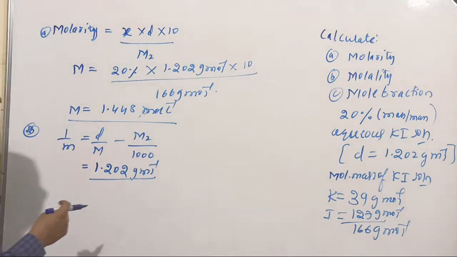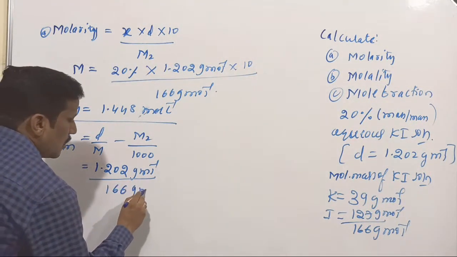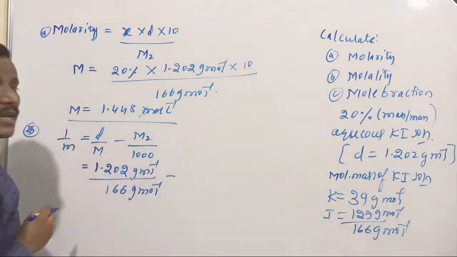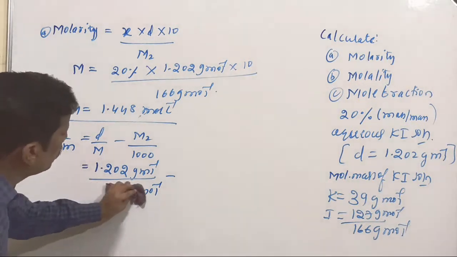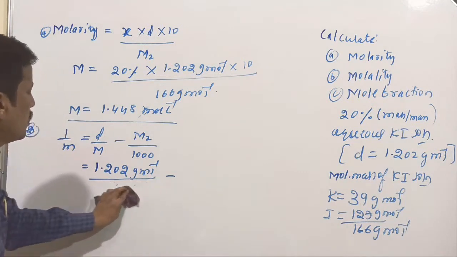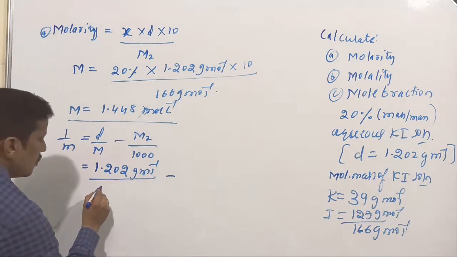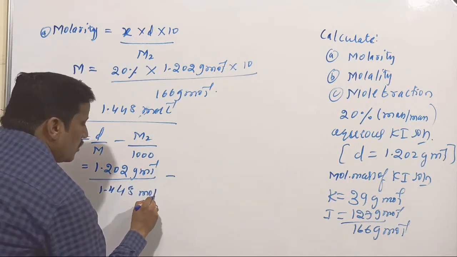Calculate: M is molecular mass of potassium iodide, that is 166 gram per mole, minus m2, sorry, molarity we have calculated, that is 1.448 mole per liter.